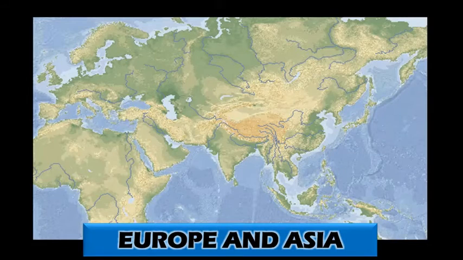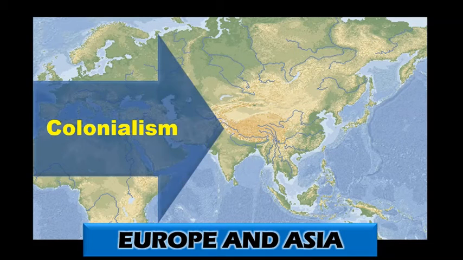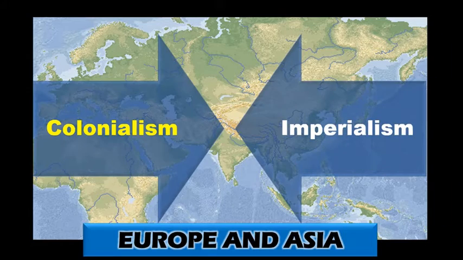Now, there are things we need to consider about these Western encounters and how they asserted their influence in Asia. First is the concept of colonialism, and the second is the concept of imperialism.